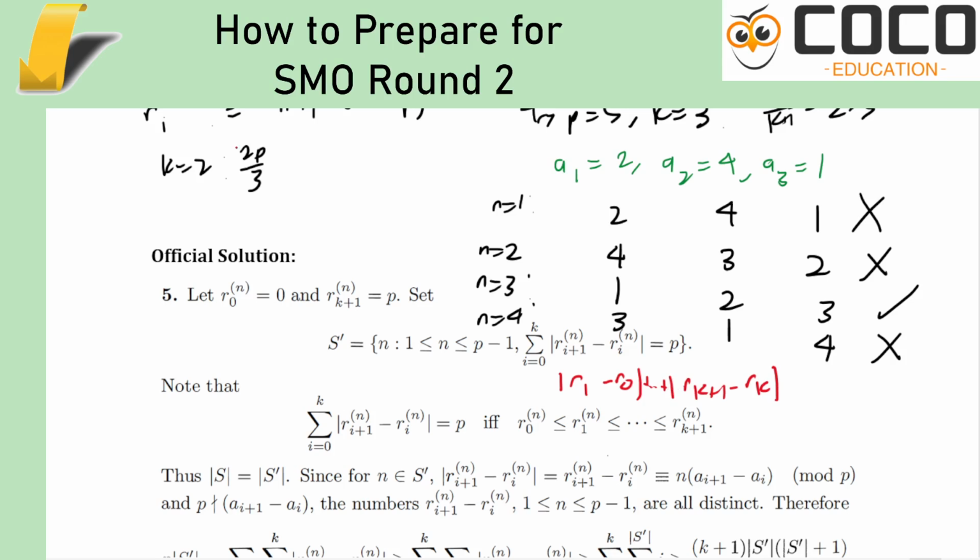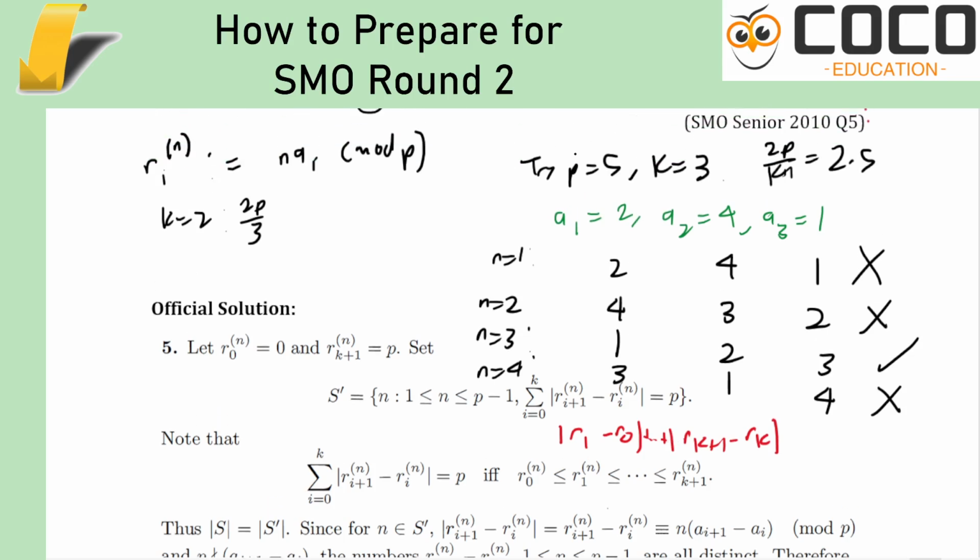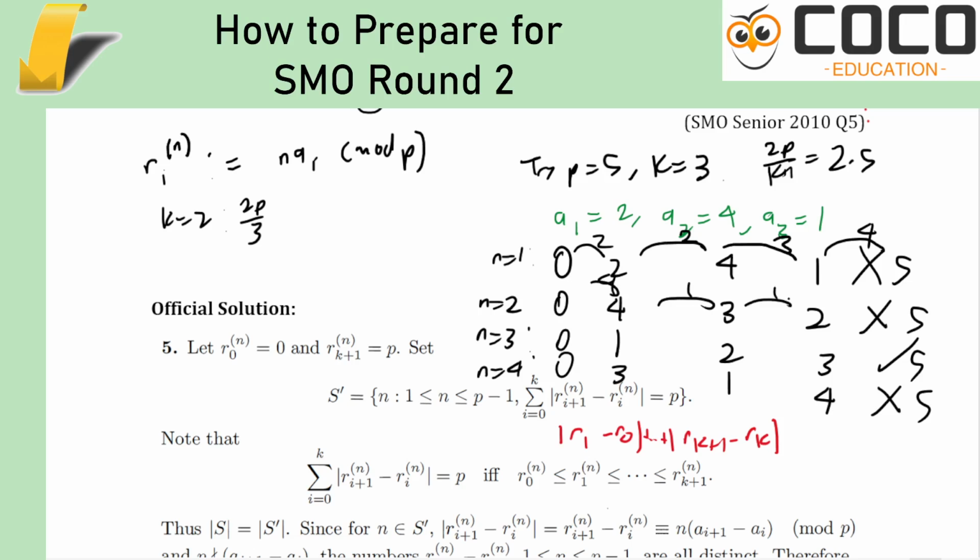Now if I use my example, with p equals 5 and k equals 3, it just means put a 0 in front and a 5 behind. The differences would be 2, 2, 3, and 4. That does not sum to 5. This would be 4, 1, 1, and 3. That does not sum to 5, but this will be 1, 1, 1, and 2. That does sum to 5.